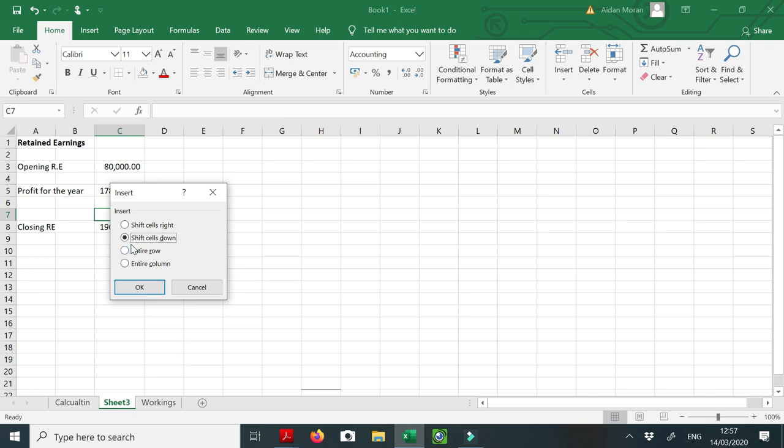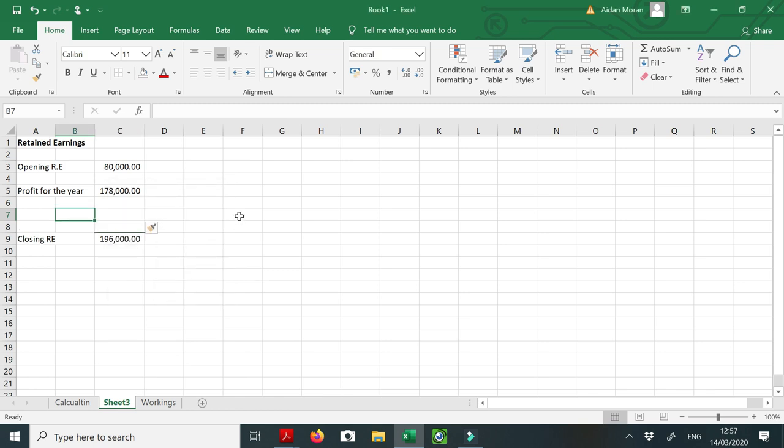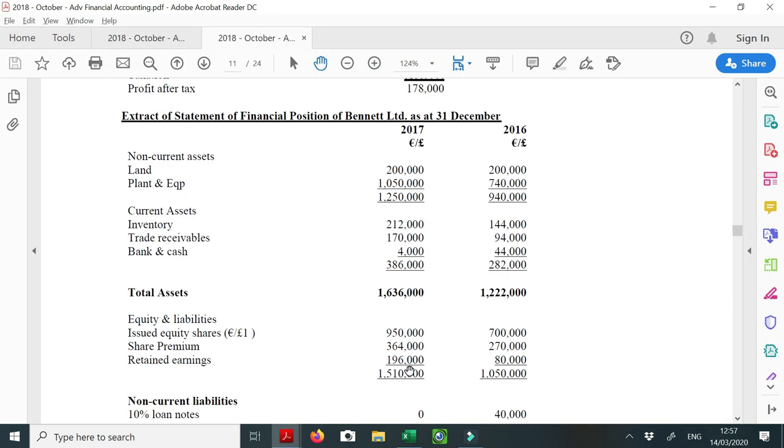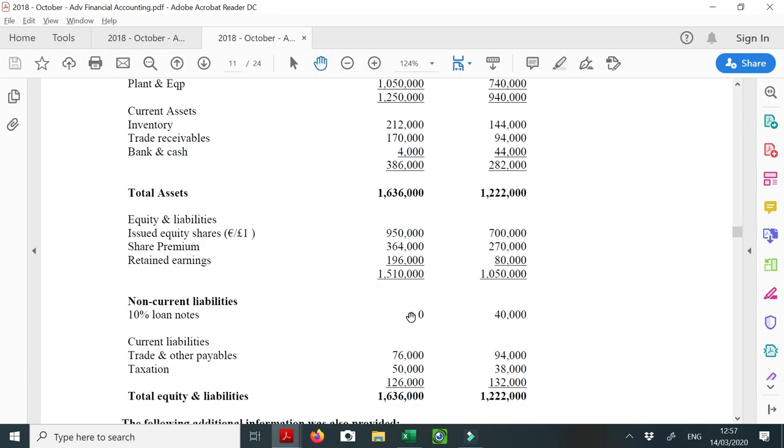And so that is going to be my dividend paid, which is the balancing figure, which I think is 62,000. So that is going to be my interim dividends paid. And if I just check it, 80 plus 178 minus 62 gives you 196. So that's how I get my closing figure of 196.